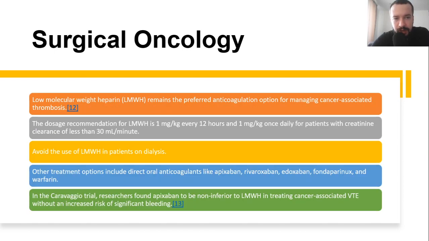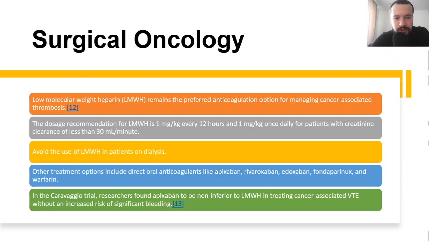Low molecular weight heparin remains the preferred anticoagulation option for managing cancer-associated thrombosis. The dosage recommendation for LMWH is 1 mg per kilogram every 12 hours, and 1 mg per kilogram once daily for patients with creatinine clearance of less than 30 ml per minute. Avoid the use of LMWH in patients on dialysis.